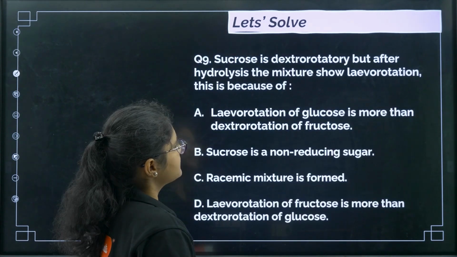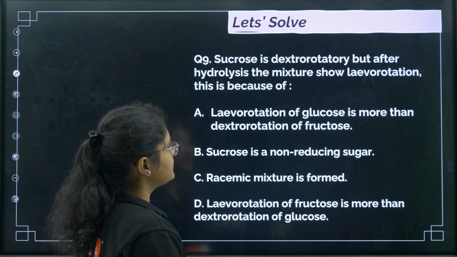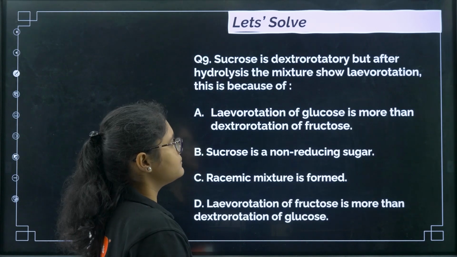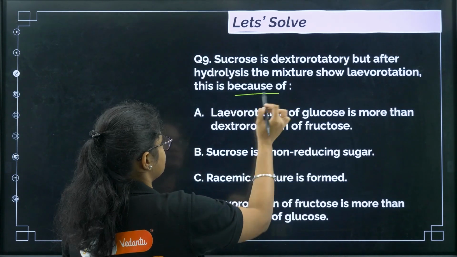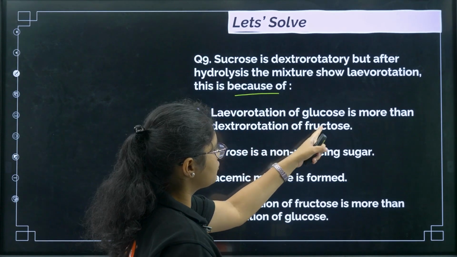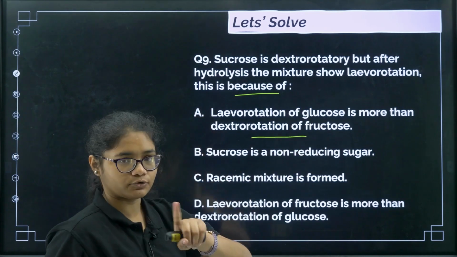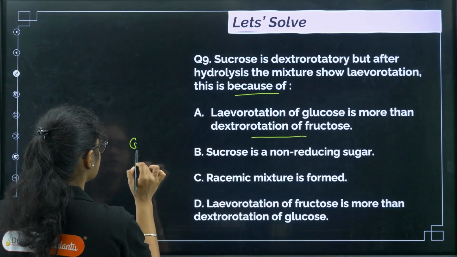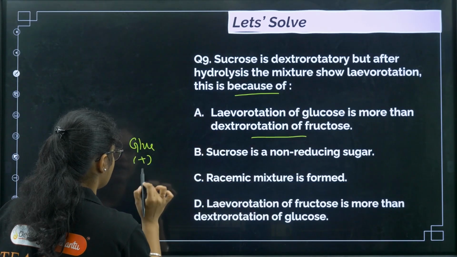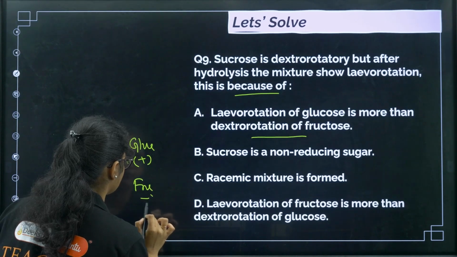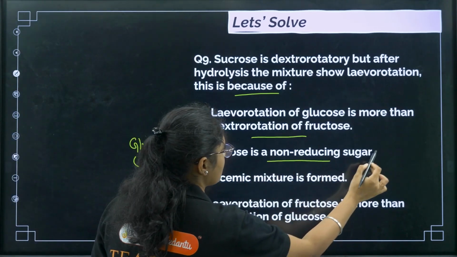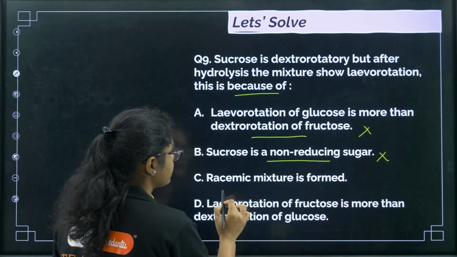Next, sucrose is dextrorotatory, but after hydrolysis the mixture shows levorotation. Is this because levorotation of glucose is more than dextrorotation of fructose? No, I told you glucose is dextrorotatory and fructose is levorotatory. Sucrose is a non-reducing sugar, it has no relation, and it is not a racemic mixture.